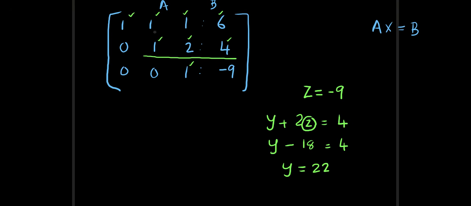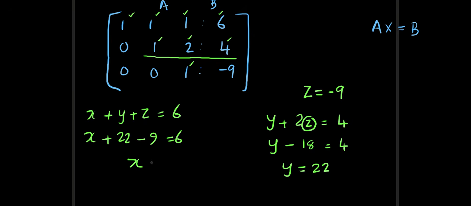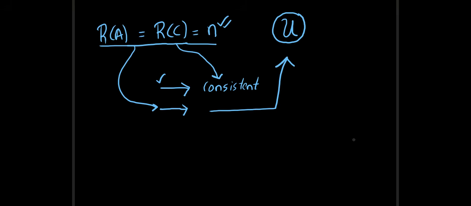Now I'll read the first equation. X plus Y plus Z is equal to 6. That is X plus 22 minus 9 is equal to 6. And that gives me X is equal to minus 7. So I'll write the conclusion once more. Since rank of A equals rank of C, the system is consistent.